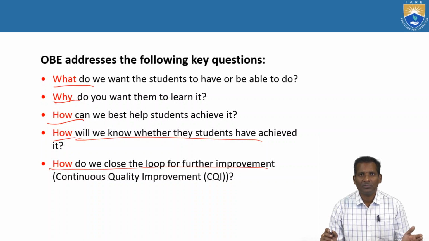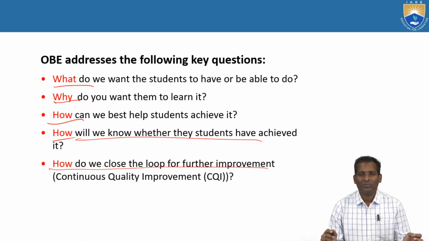So the first thing is what we want the students to have or be able to do, what they are expecting from us, and why they should learn it, what is the importance.